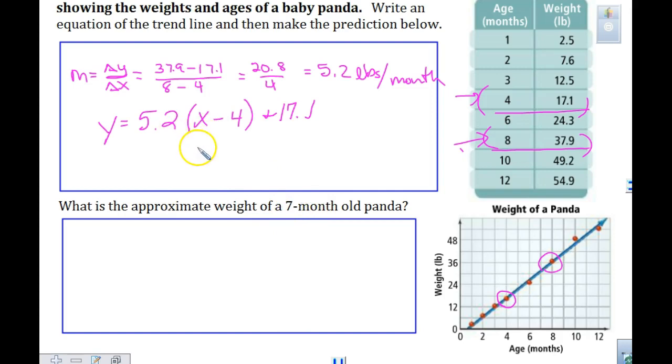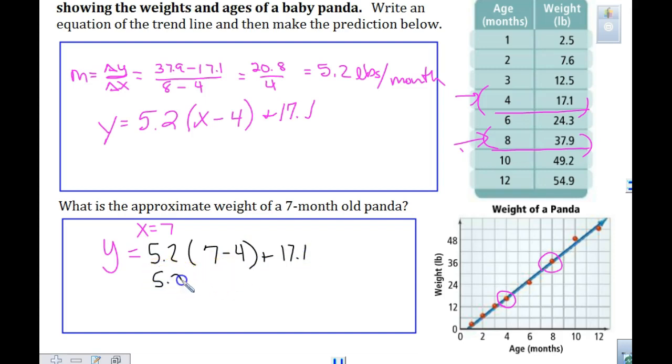Now, some of you will distribute this out, but you wouldn't have to get it in that form. All you have to do is think if x is equal to 7, in that equation, we're going to go back to our 5.2, and instead of x, we're going to put 7 minus 4 plus 17.1.